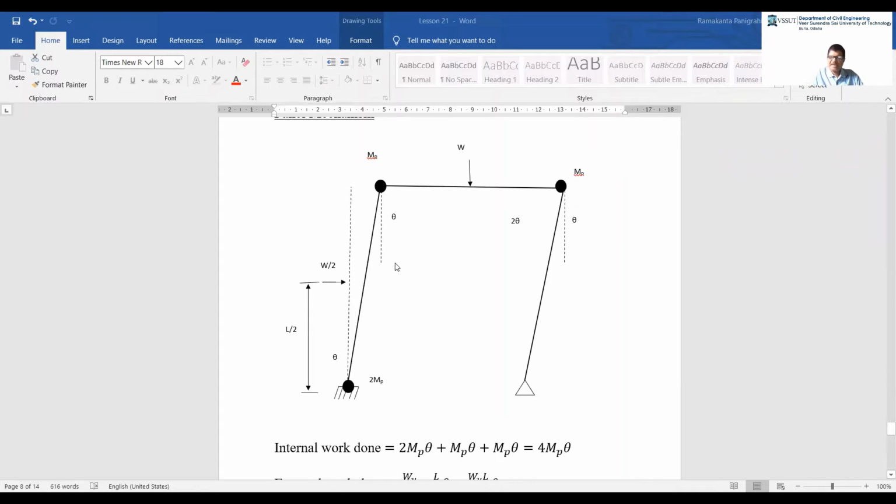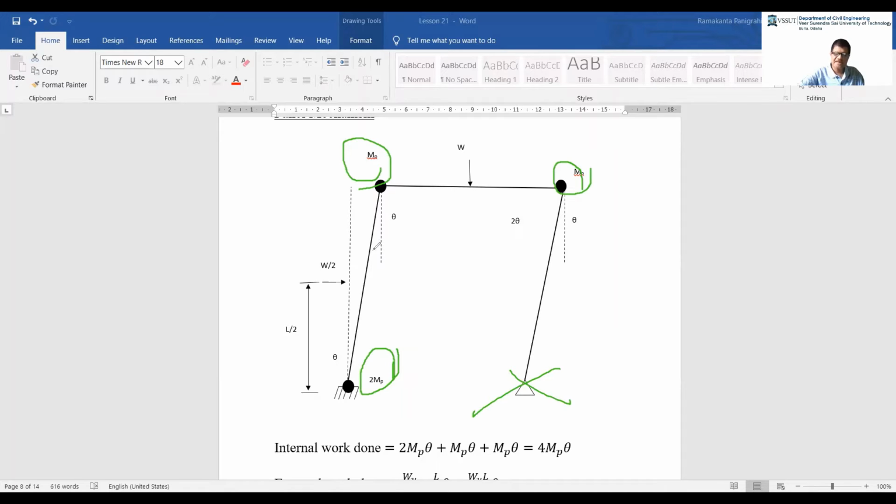What will happen in the panel mechanism? Here it is 2 Mp, and here it is 2 Mp. Here it will be Mp, here it is Mp, and here there will be no plastic hinge because this is already a hinge.